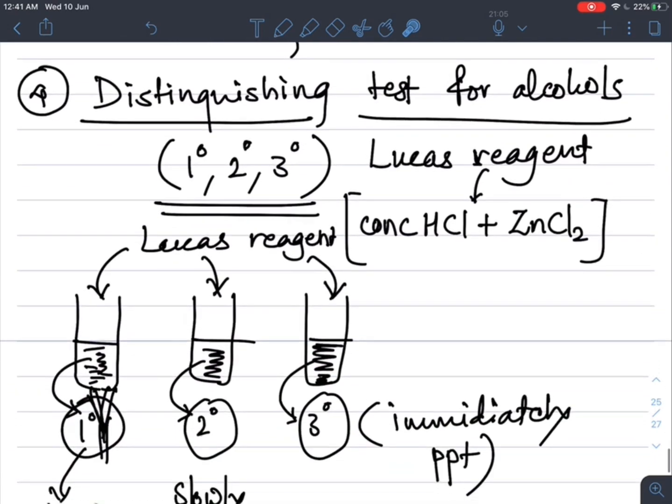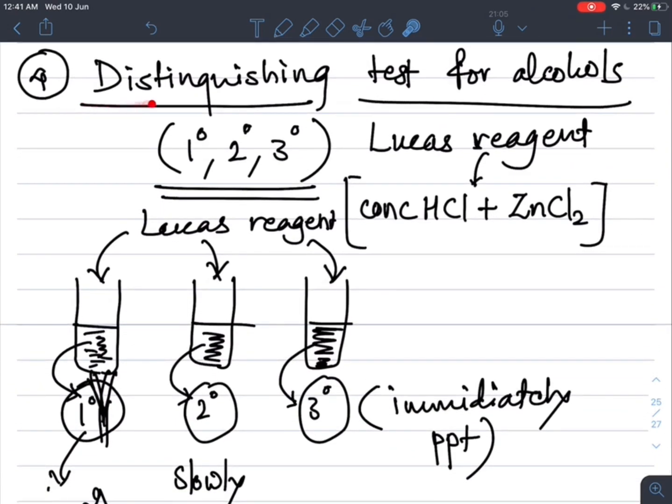And the last reaction in the laboratory is the distinguishing test for alcohols. Primary, secondary and tertiary alcohols are distinguished from each other by using Lucas reagent. What the Lucas reagent is, we'll see in detail in the next chemical reaction, but here, in the laboratory, how can we identify?